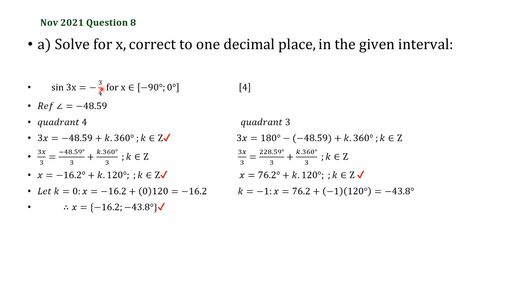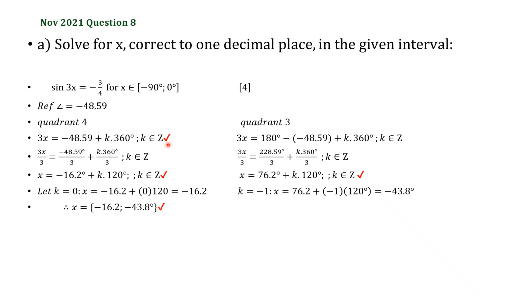So sine is negative in quadrant 4 and quadrant 3. In quadrant 4, 3x would equal negative 48,59 plus k times 360. Remember, k is an element of integers. In quadrant 3, 3x would equal 180 minus negative 48,59, or remember it's 180 plus 48,59, plus k times 360, k an element of integers.